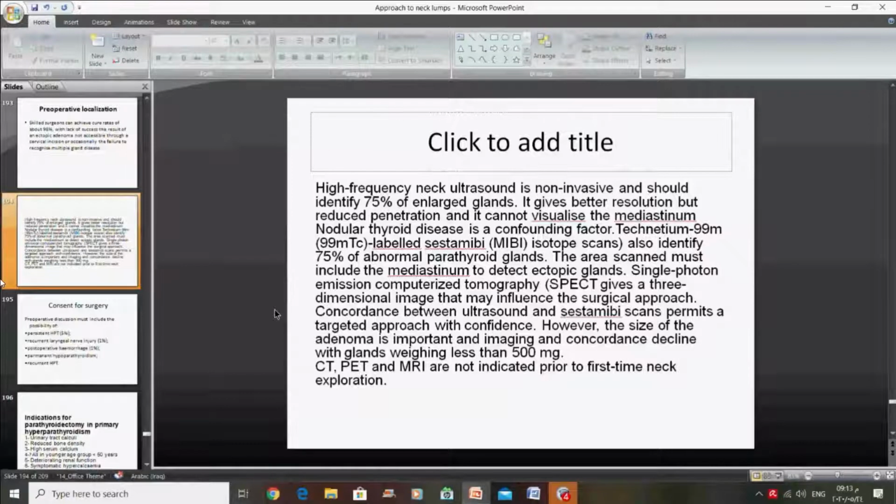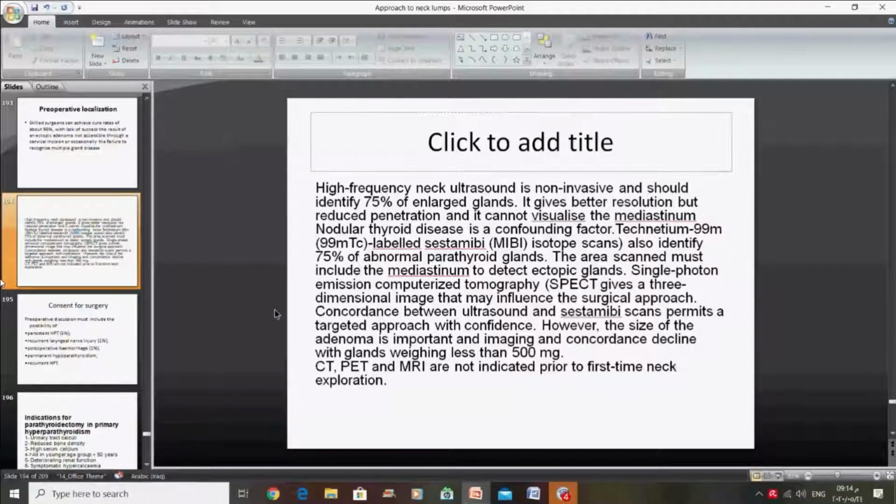High frequency neck ultrasound is non-invasive and should identify 75% of enlarged glands. It gives better resolution but reduced penetration, and it cannot visualize the mediastinum. In addition, in a patient with a multinodular goitre, ultrasound is very difficult for diagnosing parathyroid adenoma.